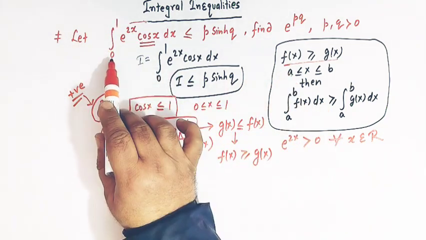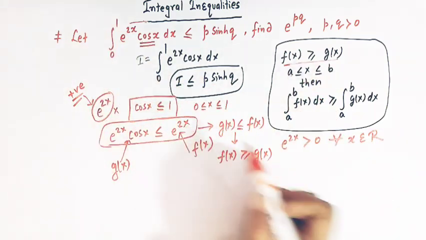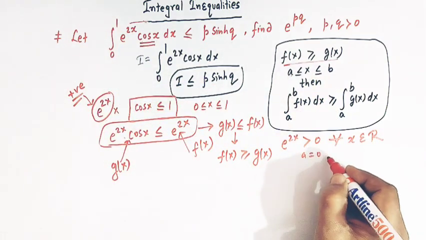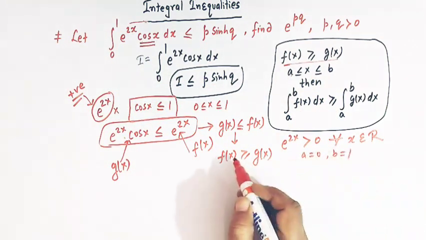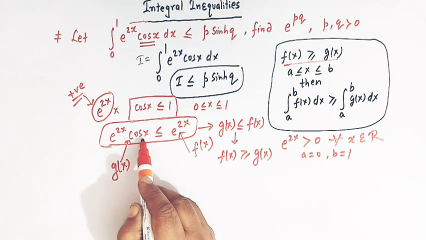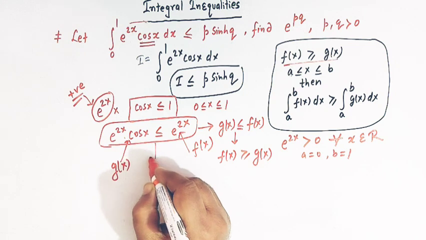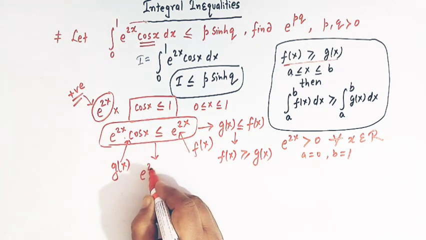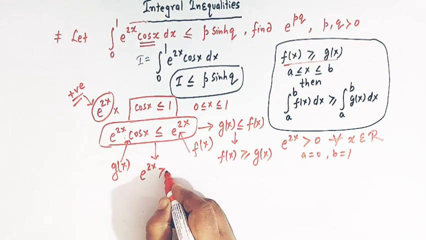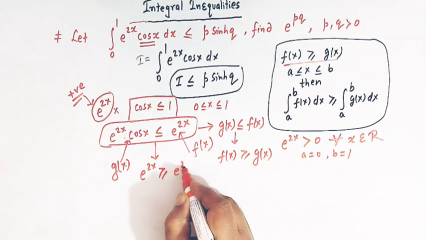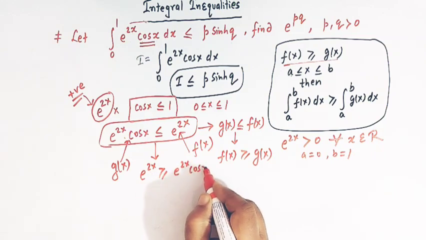So a is 0 and b is 1. We have obtained e raised to 2x cosine x is less than or equal to e raised to 2x, or in other words e raised to 2x is greater than or equal to e raised to 2x cos of x.